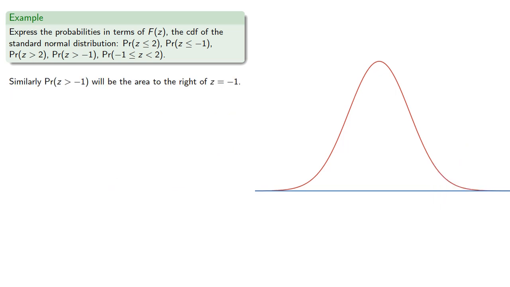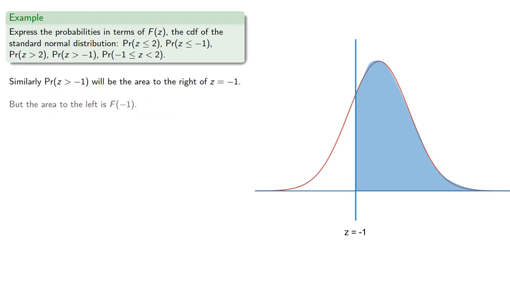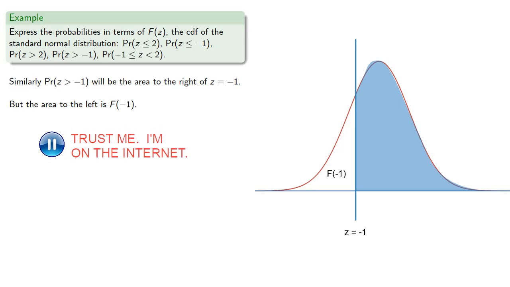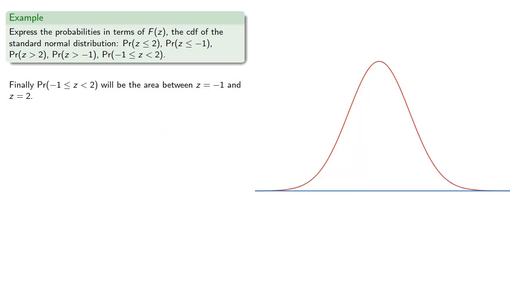Similarly, the probability Z is greater than -1 will be the area to the right of Z equals -1. But the area to the left will be F of -1. So the area to the right will be 1 minus F of -1. Finally, this probability will be the area between Z equals -1 and Z equals 2.